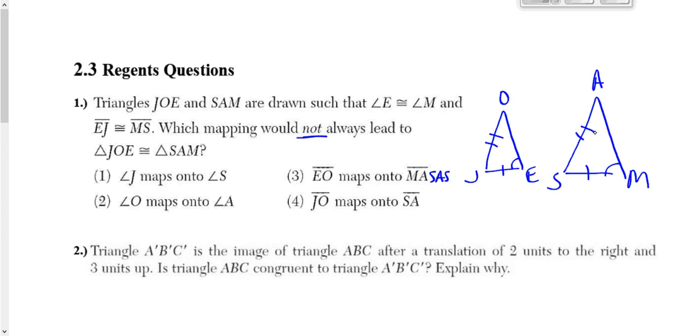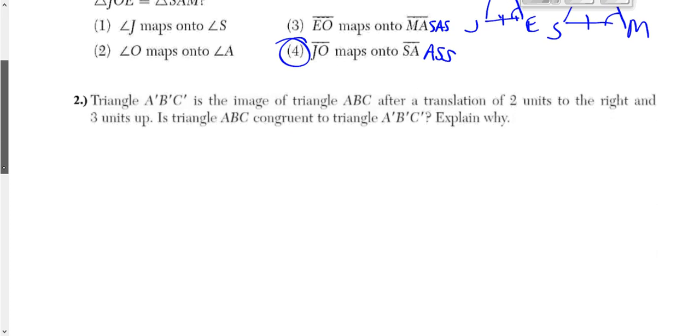Well, wouldn't that make them congruent by one of our things? Side angle is also what? Angle side. So that's our answer. This one will make it not. Okay? Always make a little sketch.